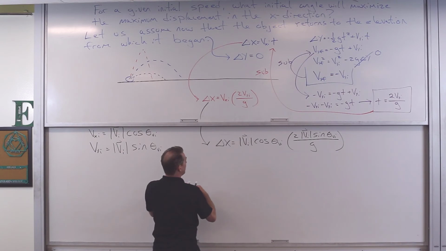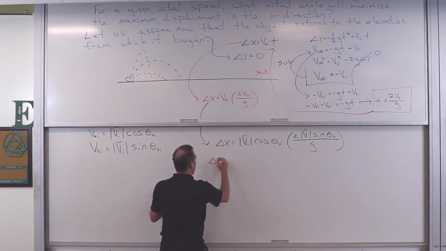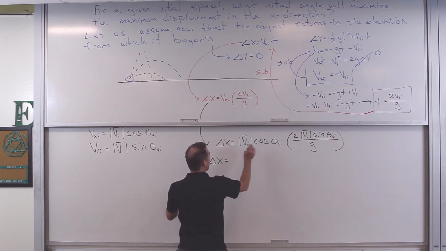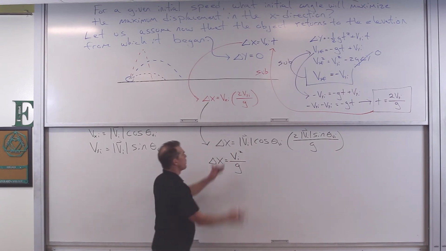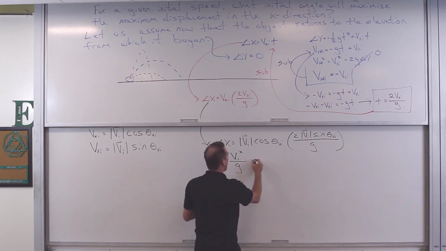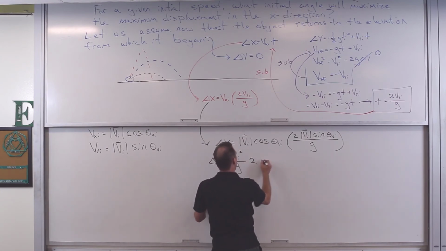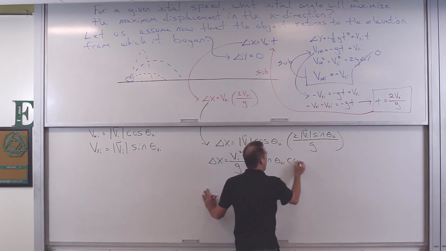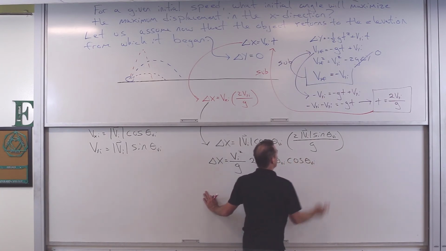So we're going to rewrite this as delta x is equal to v initial squared divided by g, I'm dropping the magnitude sign, doesn't really matter, multiplied by 2 sine of theta v initial cosine of theta v initial.